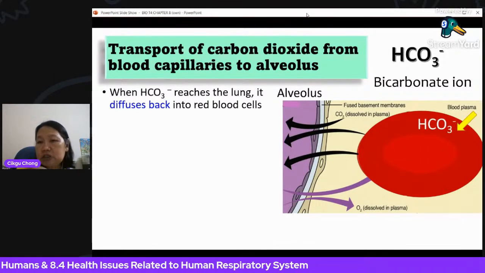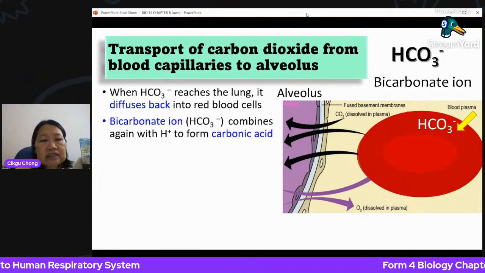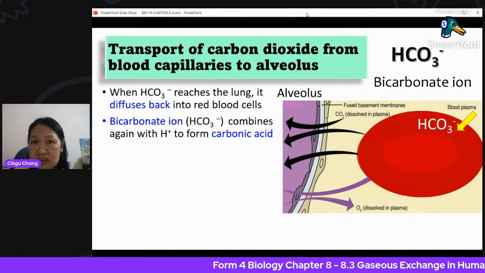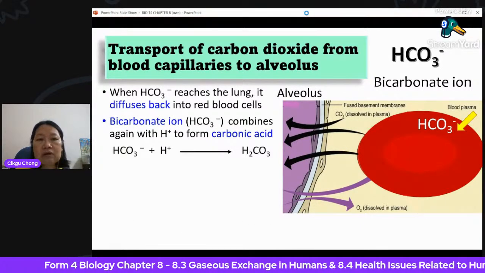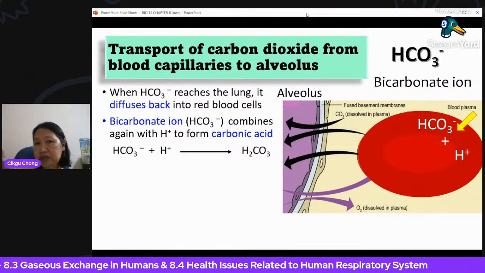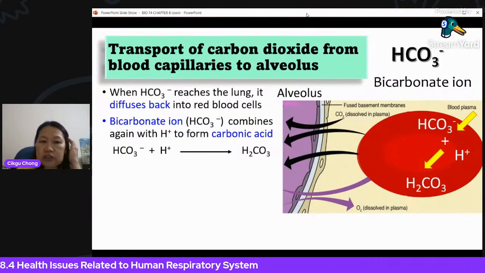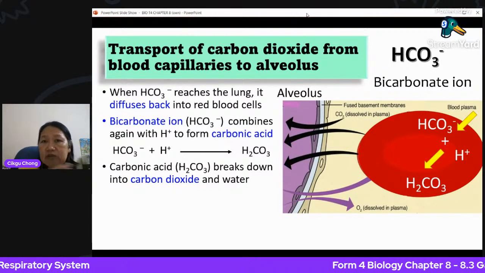So this is your HCO3 minus, the bicarbonate ion, and inside there you have hydrogen ion. Like I said, the hydrogen ion was in your red blood cell. So now it combines with your hydrogen ion and you get back carbonic acid, H2CO3. It's the reverse of what you did just now.